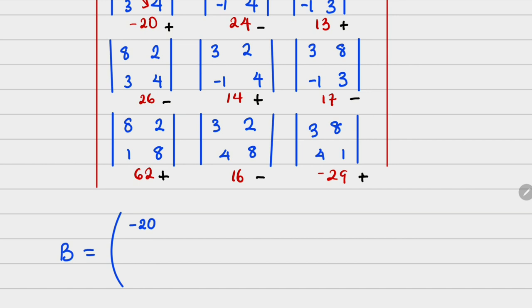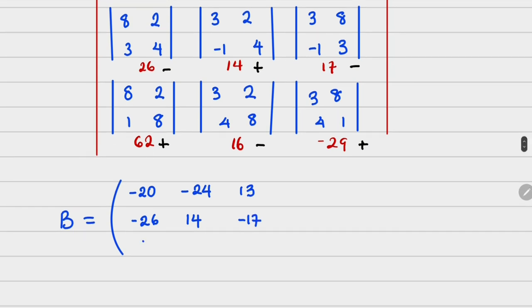The second one is supposed to be 24, but because of that negative, it's going to be minus 24. Then the third one is going to be 13. So here we have minus 26, and here we have 14 and minus 17. Then I have 62, I have minus 16. And of course, we have minus 29. So I'm done with having the B.